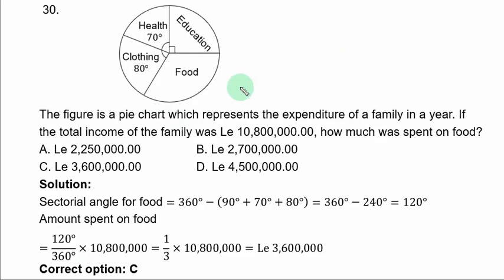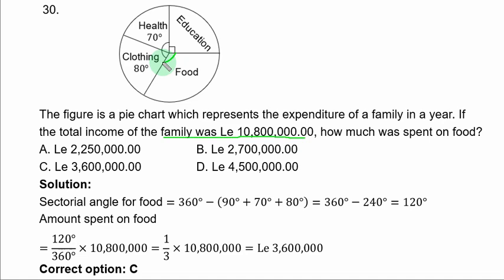Question 30. The figure is a pie chart which represents the expenditure of a family in a year. If the total income of the family was 10,800,000, how much was spent on food? From the pie chart, we need to get the sectorial angle for food. The one for education is 90, health is 70, clothing is 80 degrees, and the sum of the angles in a pie chart is 360 degrees.